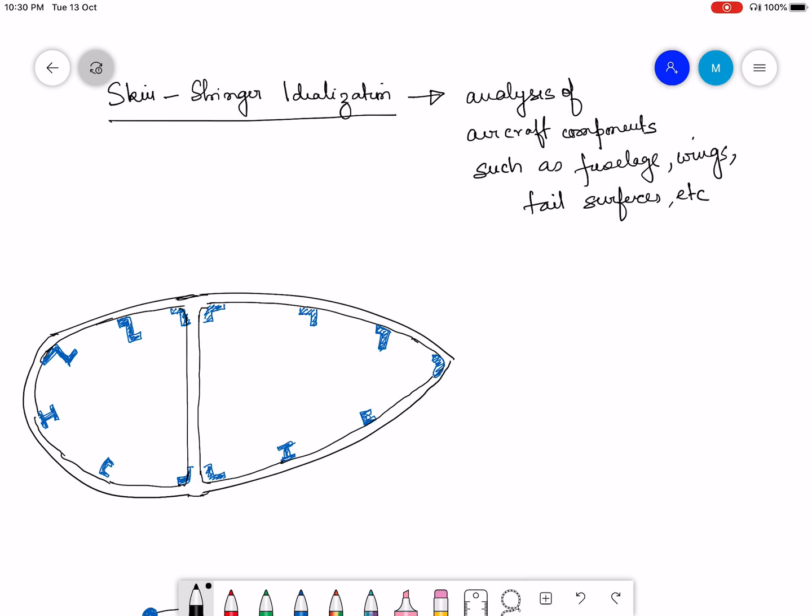Okay, so what did we do till now? Till now we had actually dealt only with beams, thin wall beams to be very specific. We have taken a beam and analyzed it due to torsion, then bending, and then due to shear forces.